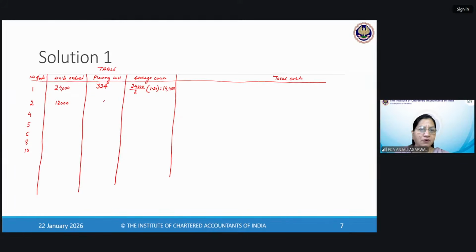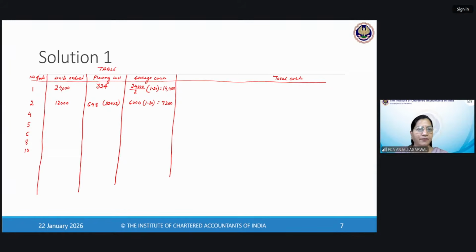My total placing cost will be 324 into 2, which is 648 rupees, right? But what would be my storage cost? 6,000 units I will hold on an average. Why 6,000? 12,000 divided by 2. And 6,000 into 1.2 is 7,200.